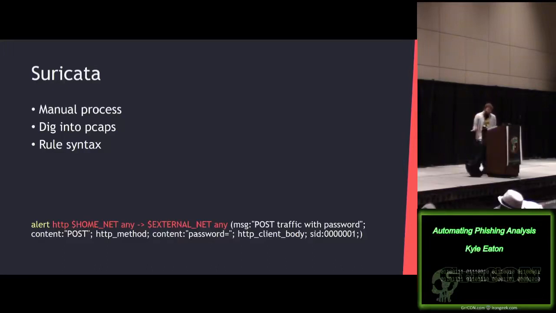And then you get into the options. This is basically the rule logic. It'll have a message that appears in the alert feed, as well as the signature ID that we already talked about. And then we get into the actual logic of the rule. So this is just a simple one. We're looking at post data for a method, and then the actual post data just includes password equals.